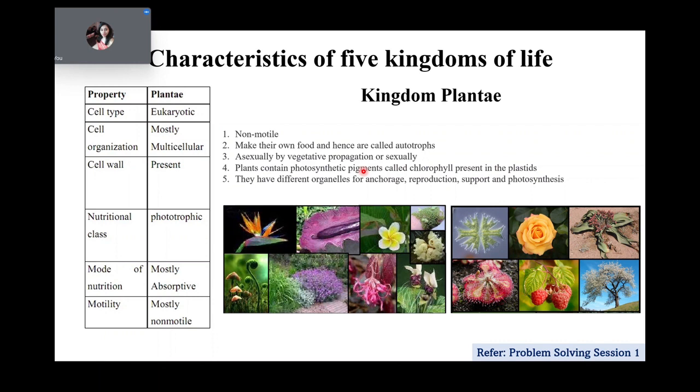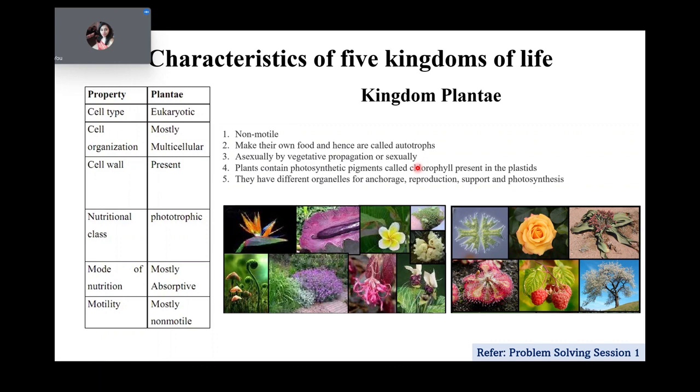And generally, they propagate via asexual mode, which is vegetative propagation, or sexually, where they have the fusion between the gametes in the male and the female reproductive organ, that is the pollen and the ovum.